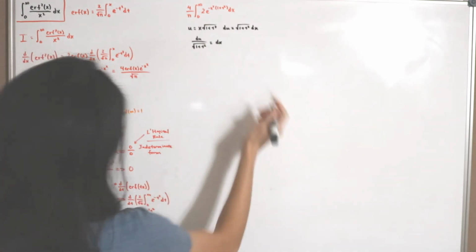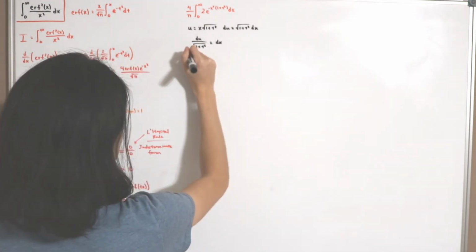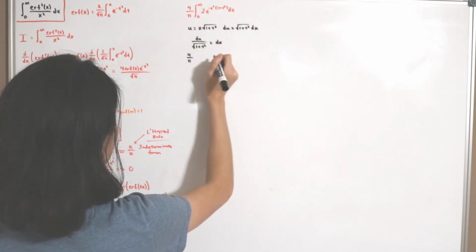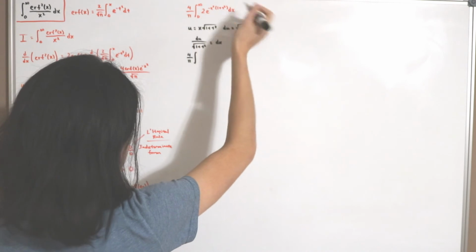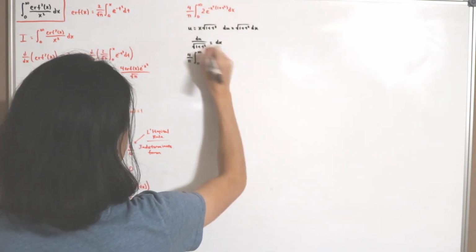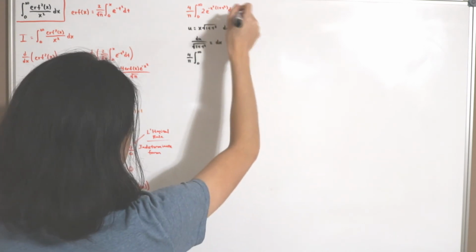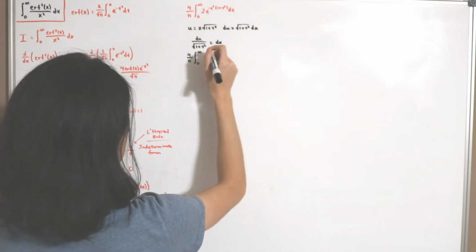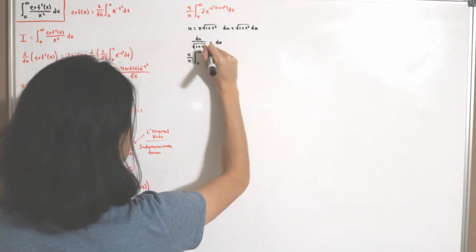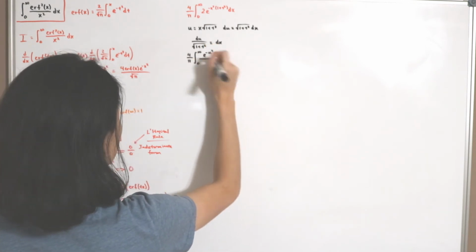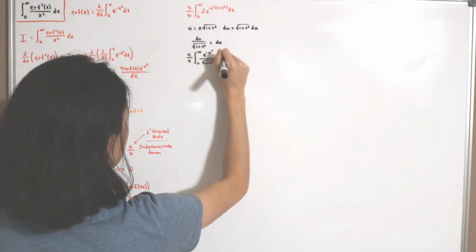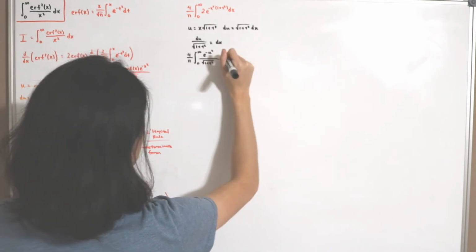And so therefore I can do the rest as a substitution. So we have 4 over pi, and now we have to plug in our new bounds. When x is 0, u is still 0, and when x is infinity, u is still infinity. For dx, this means we have e to the negative u squared, divided by the square root of 1 plus t squared, du.